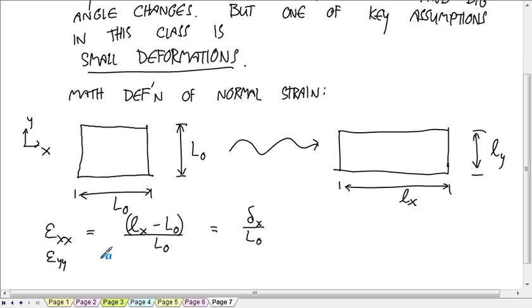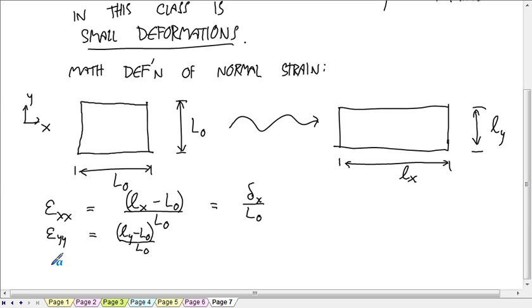The other definitions are similar. Eyy is equal to Ly minus L0 over L0. And EZZ is equal to LZ minus L0 over L0.